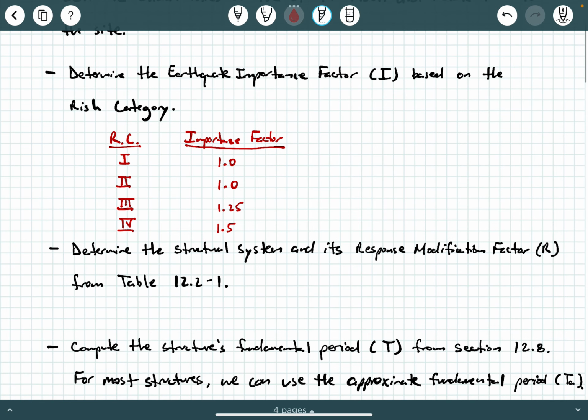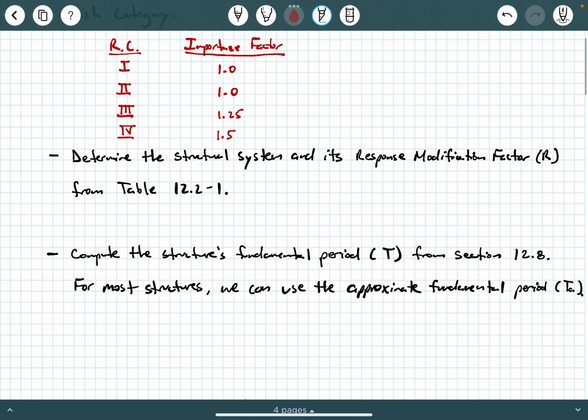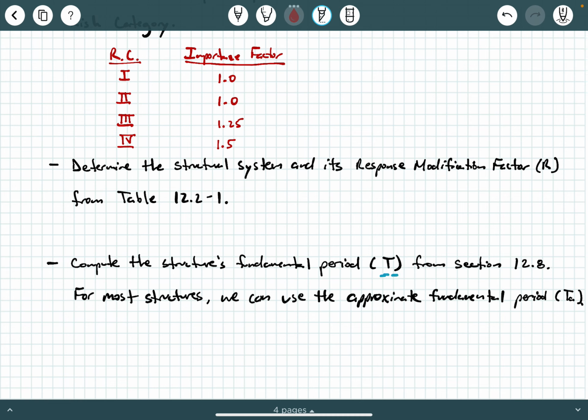So we get that. The next thing we're going to do is compute the structure's fundamental period T from section 12.8. Now, for most structures you will be able to use the approximate fundamental period T sub A to perform that calculation, okay?